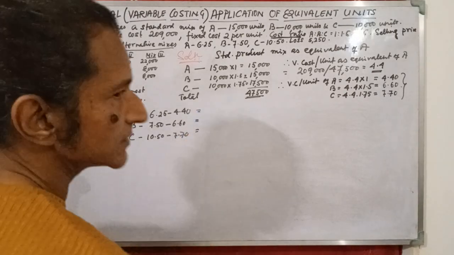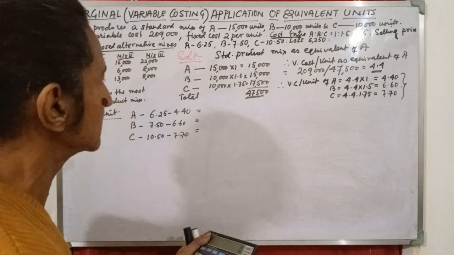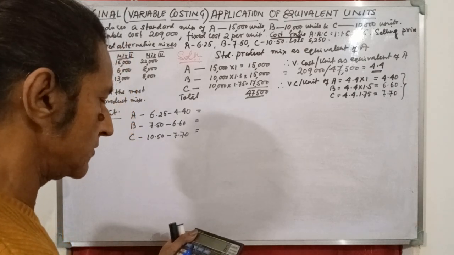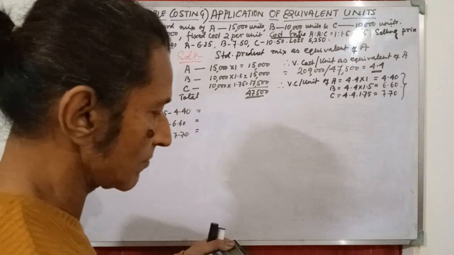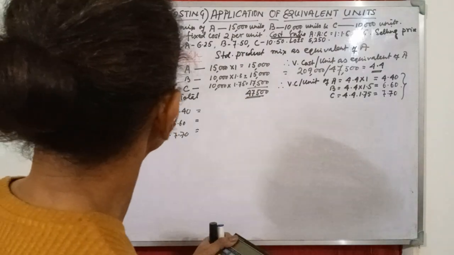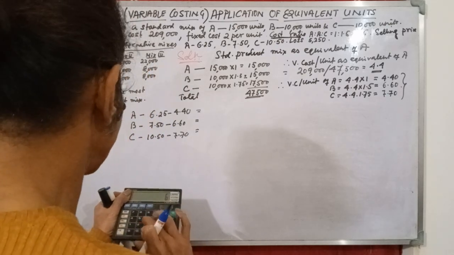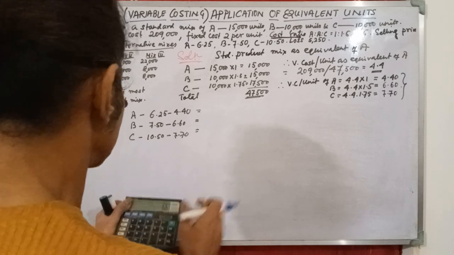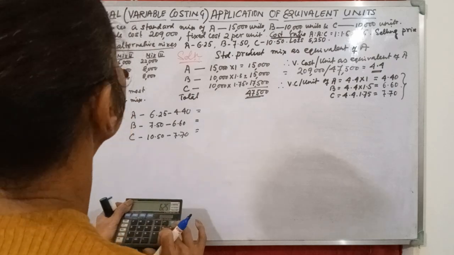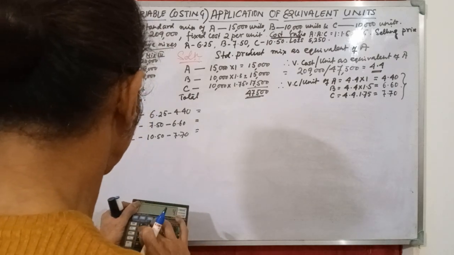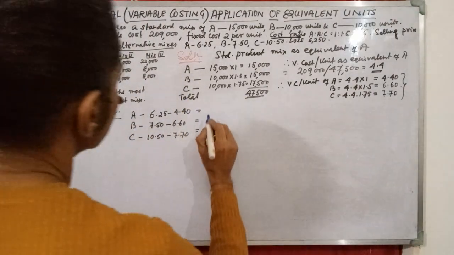So we get contribution per unit of A, B and C as 6.25 minus 4.4, this gives us 1.85.